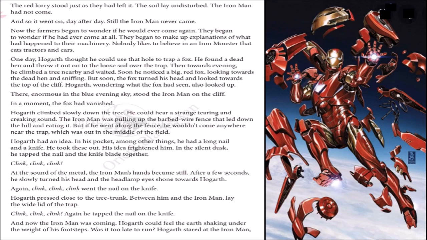After a few seconds, he slowly turned his head and the headlamp eyes shone towards Hogarth. Again, click, went the nail on the knife. Hogarth pressed close to the tree trunk. Between him and the Iron Man lay the wide lid of the trap.